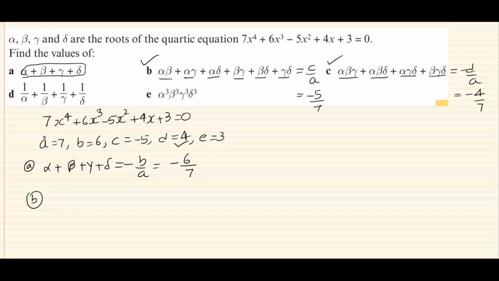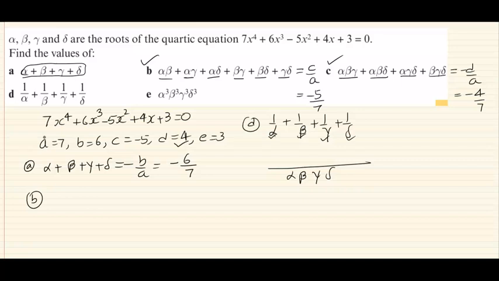Now D part, here they are asking you to find 1 upon alpha, 1 upon beta, 1 upon gamma and 1 over delta. So if you find the lowest common multiple of the denominators of all 4, you will get alpha, beta, gamma and delta. Now here is alpha, so you can cancel alpha. Here it is coming beta, gamma, delta.